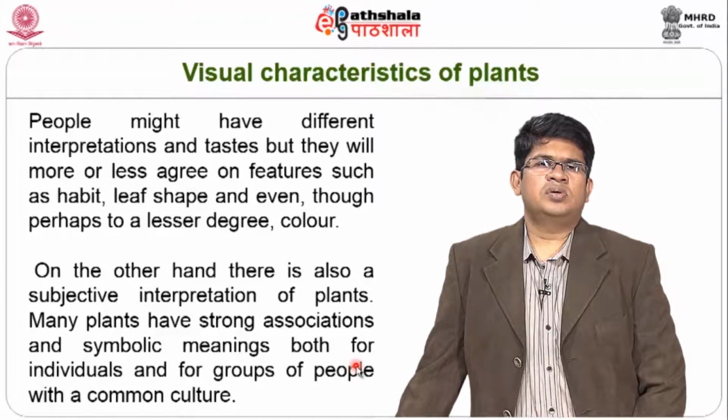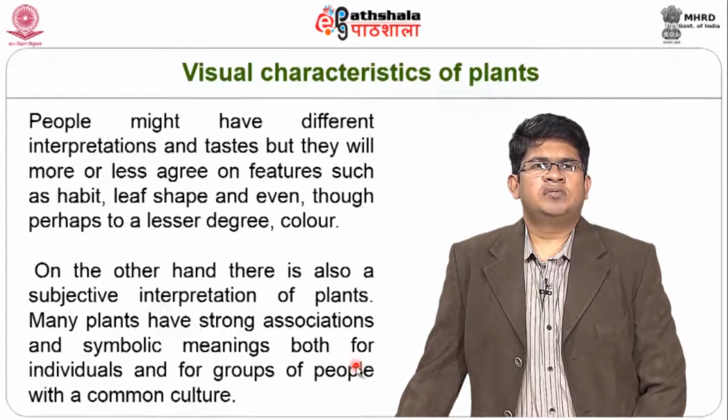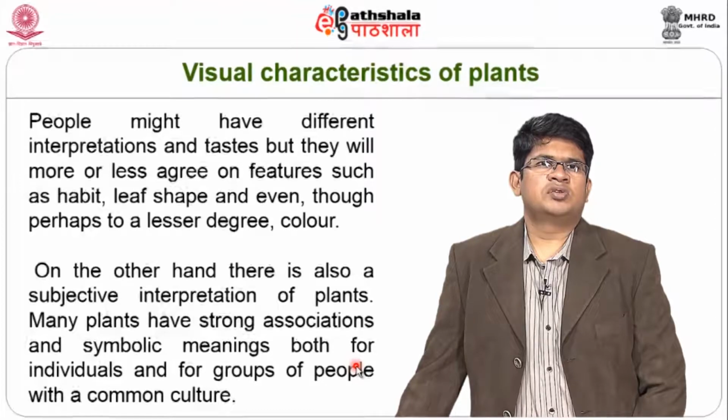And also how each of the user groups interprets a particular plant or a tree. Maybe one part of a state could consider one plant or tree as sacred, or the other part, somewhere in another part of the country, it could not mean anything to them.